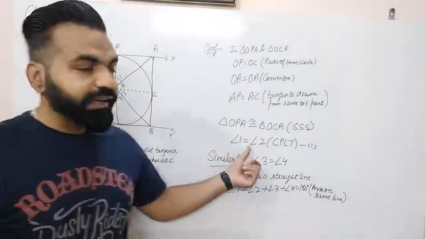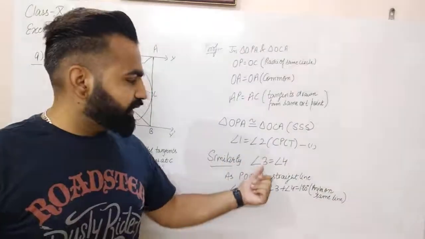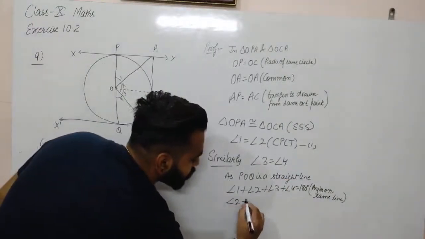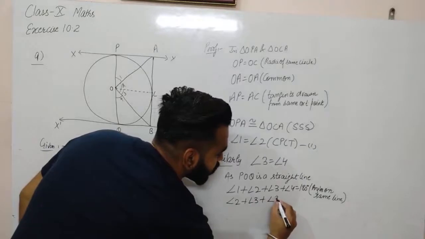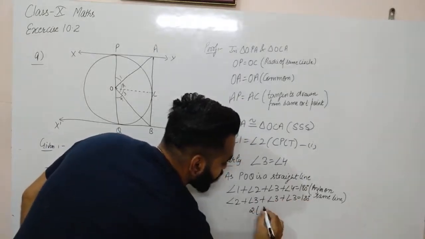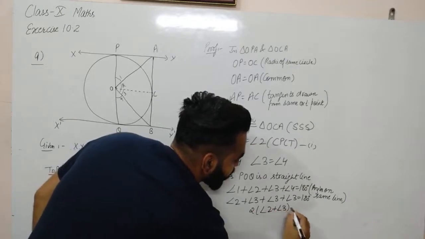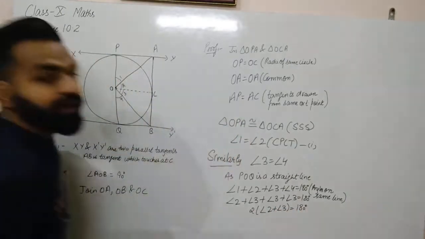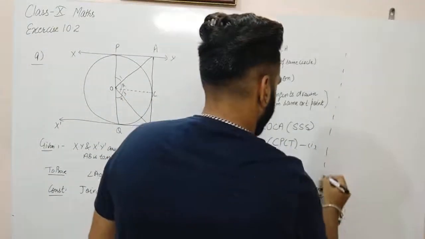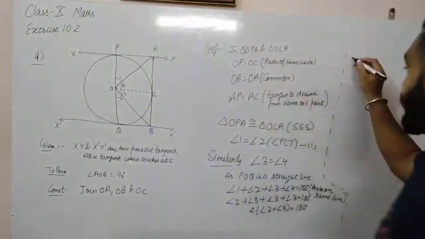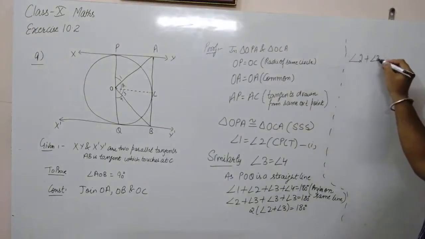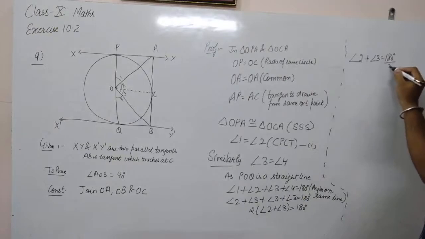Now we can see that angle 1 is equal to angle 2 and angle 3 is equal to angle 4. So we can replace 1 by 2 and 4 by 3. So this will become 2 times angle 2 plus angle 3 is 180. And from here we can see that angle 2 plus angle 3 is equal to 180 by 2.